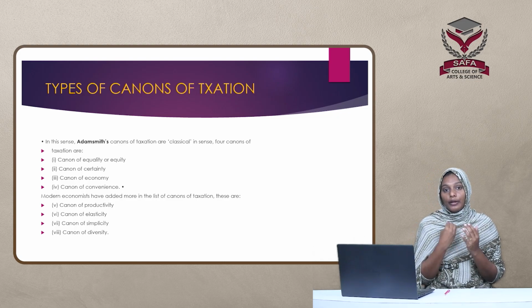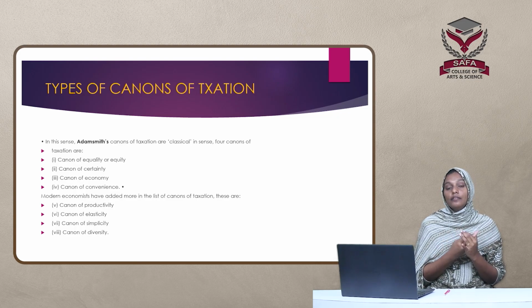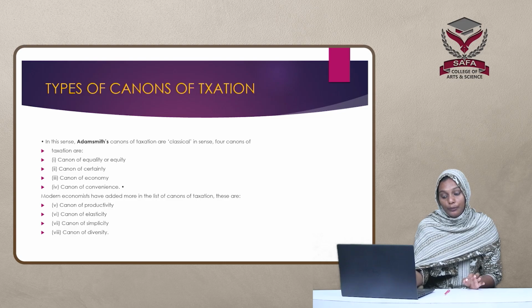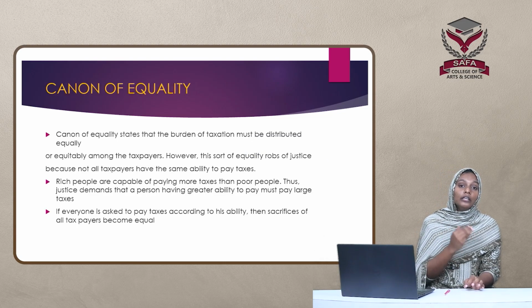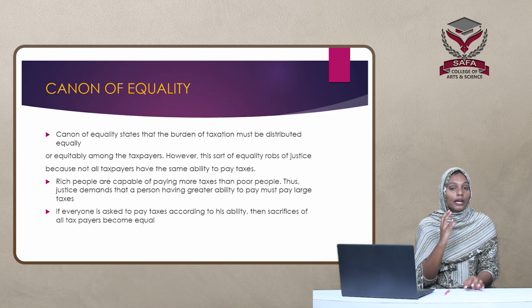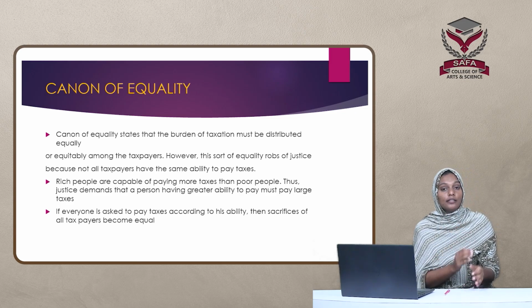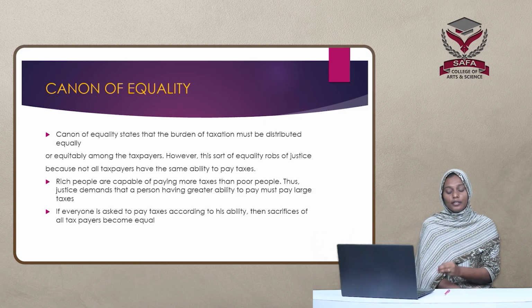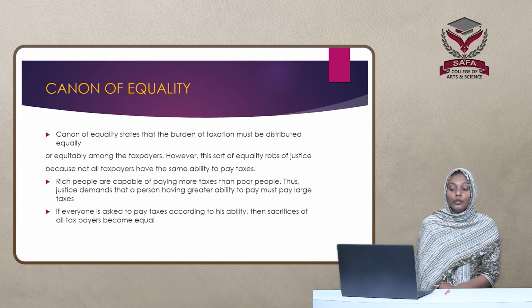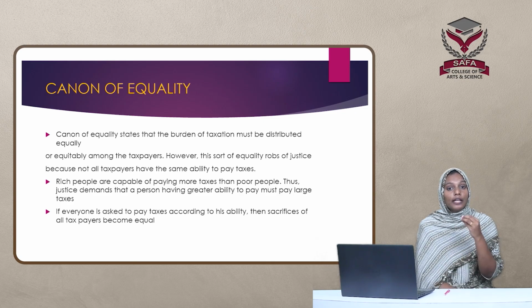Some of them are canon of simplicity, canon of diversity, canon of productivity, and canon of elasticity. Let us discuss each one in detail. First, we cover the 4 canons of taxation developed by Adam Smith.